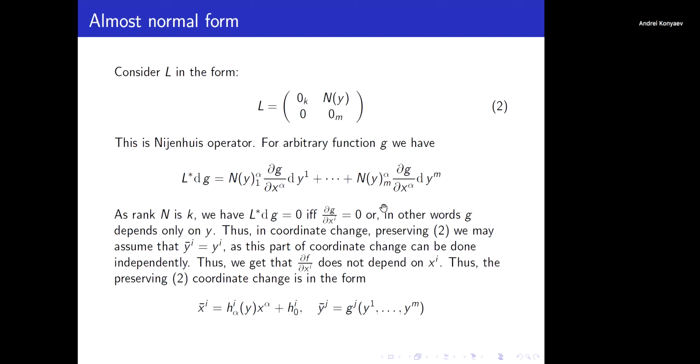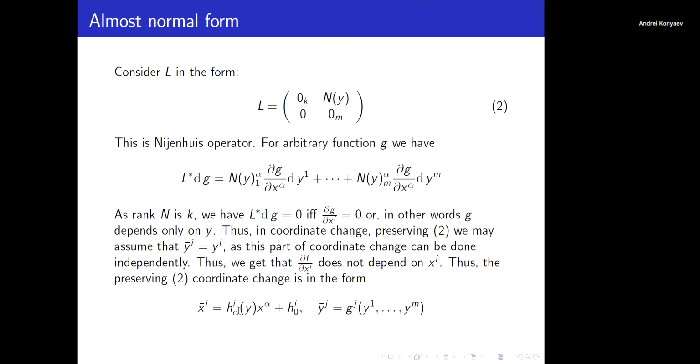Then we see that because the rank of this matrix is k, same thing as before. There we only used vector fields, and here we use differentials, but linear algebra does not see the difference. For a matrix of rank k, it means that those coordinates must vanish, right? Because those derivatives must vanish. We see that the only coordinates that preserve this normal form are the following coordinate changes, like this.